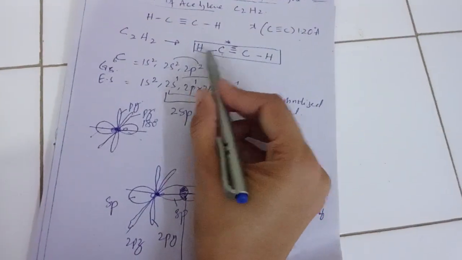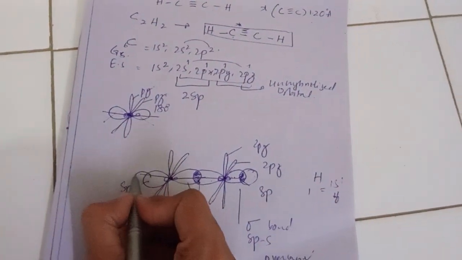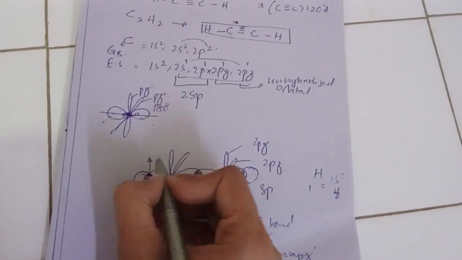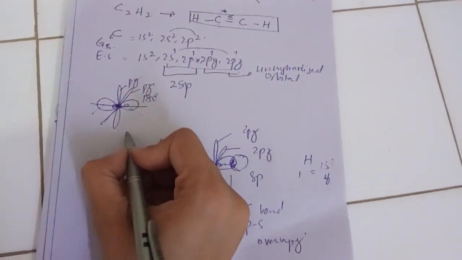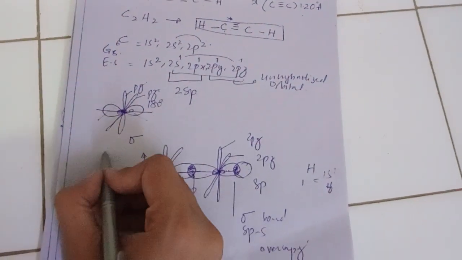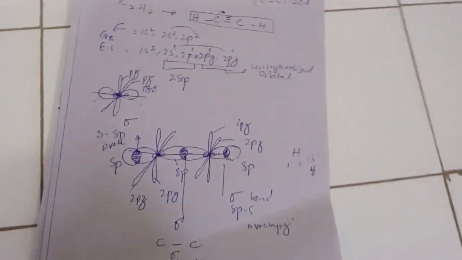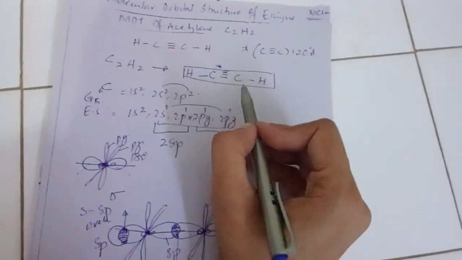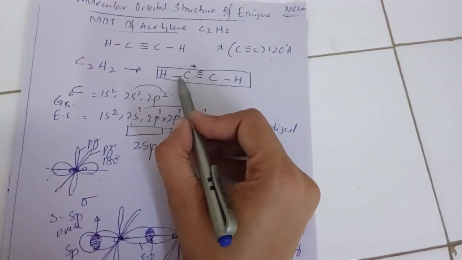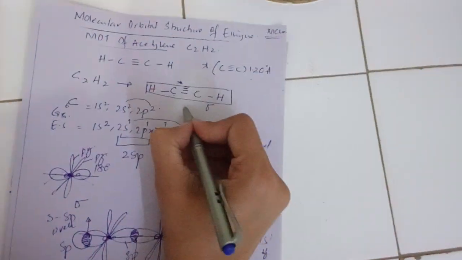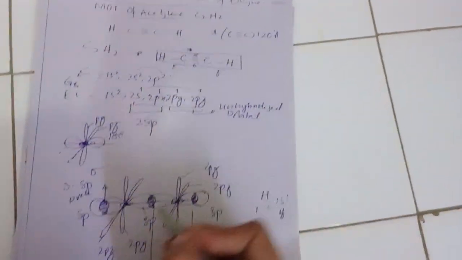Now this carbon is attached with another hydrogen, and this hydrogen with its s orbital will undergo overlapping, and as a result we obtain the sigma bond, and the name of the overlapping will be s-sp overlapping. Now in acetylene we have 3 sigma bonds, 1, 2, 3. This is a sigma bond, this is a sigma bond, this is a sigma bond.